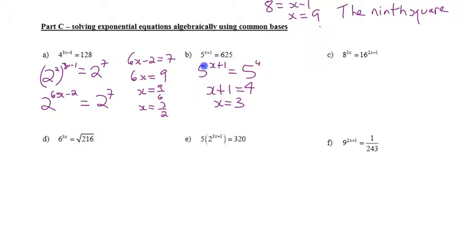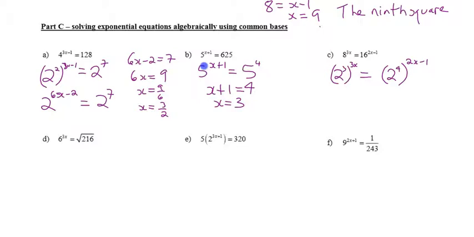What's 8 as a power of 2? 8 is equal to 2 to the power of 3. So we replace the 8 with 2 cubed, and then that's going to be raised to the power of 3x. We're going to replace 16 with 2 to the 4th, and that gets raised to the power of x minus 1.